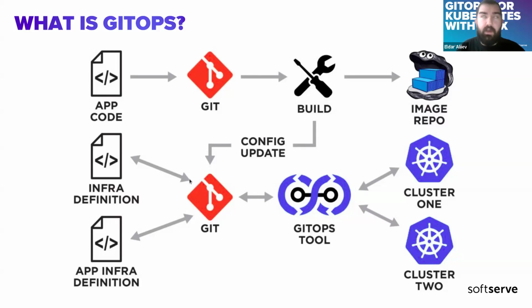For example, it will update the tag of the images in your manifest. And again, it will trigger the GitOps tool and it will perform all of the necessary changes for you. So it's a pretty straightforward approach, and it's pretty popular. You probably heard about a tool called Argo CD. It works almost in the same way.